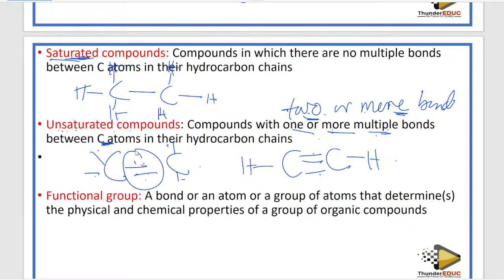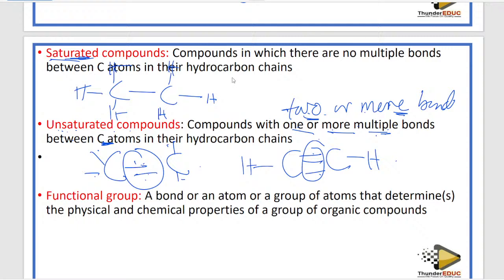Don't say multiple, say 2 or more bonds between carbon atoms, because the word multiple means many. So it has 2 or more. You can say 2 or 3 bonds between. You understand? What you want to see is that it is not single bond throughout, but the words between carbon atoms must be there.